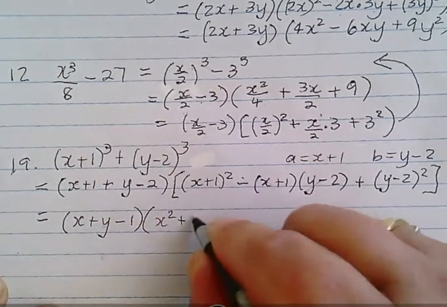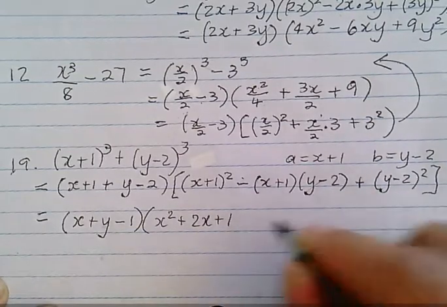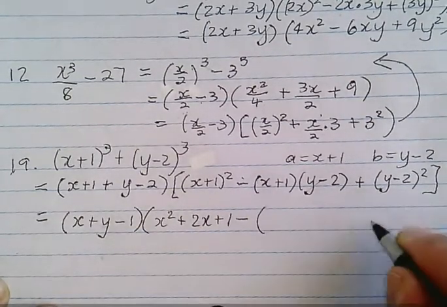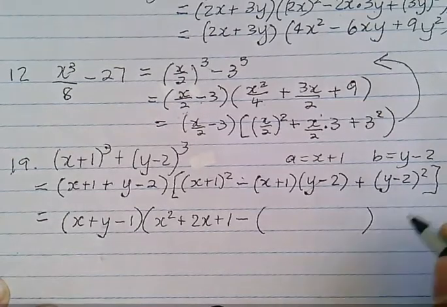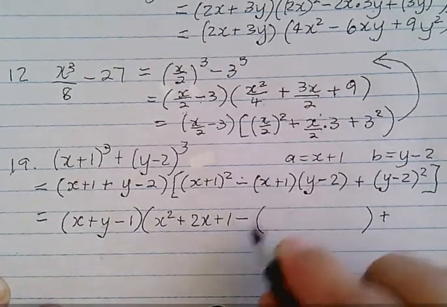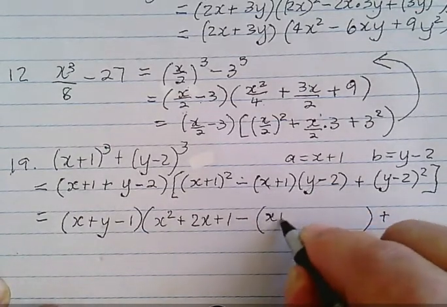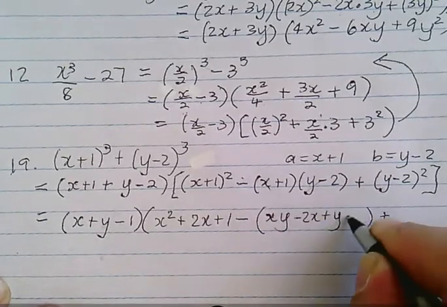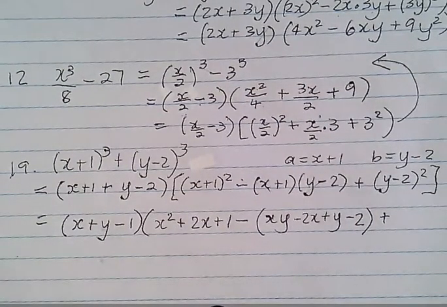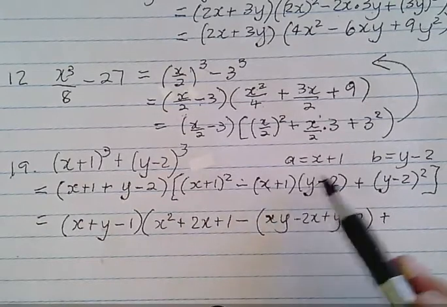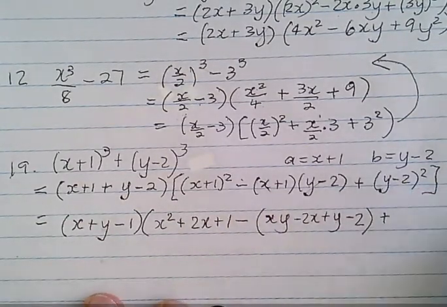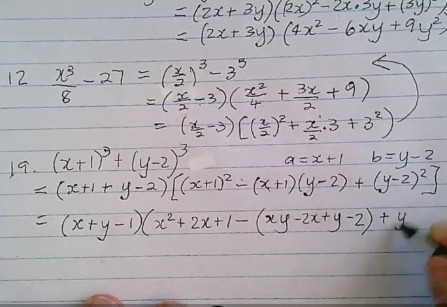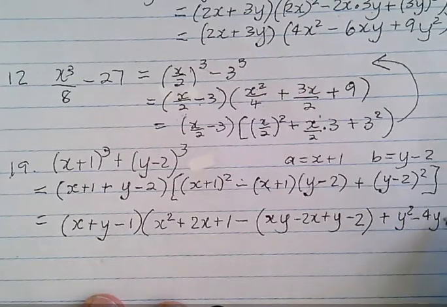x squared plus 2x plus 1. I'd be careful here. I'd be expanding this. We're going to have to take an extra row, but it's best to take an extra row instead of losing a mark. Minus, let's expand, (xy minus 2x plus y minus 2), all in brackets because it's take away all of that, plus, I don't need brackets here because it's plus, y squared minus 4y plus 4.